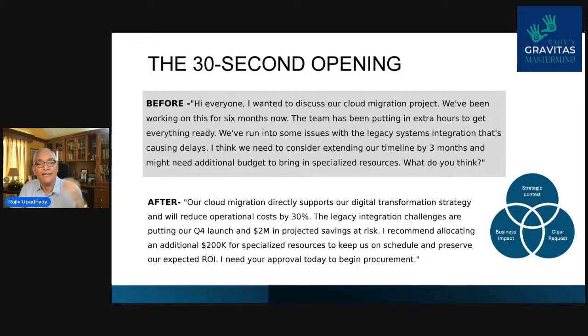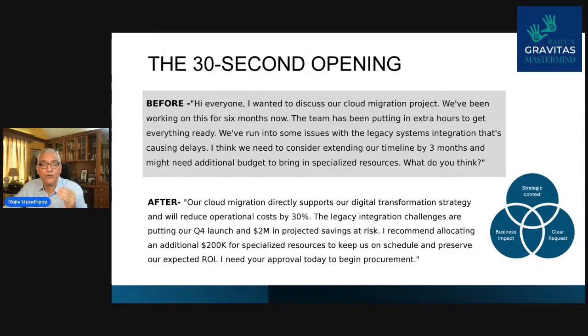Business impact: "The legacy integration challenges are putting our Q4 launch and $2 million project savings at risk." This is the risk if we don't take any action, which is definitely important for a business executive. "So I recommend allocating an additional 2000K for specialized resources to keep us on schedule."